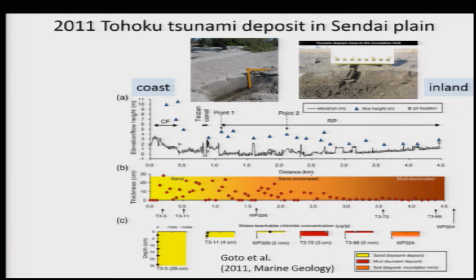This is the distance shown from the coast, 0 to 4.5 kilometers. Otherwise, usually we would take that the sand stopped here, so we would say, okay, fine, the inundation was 3 kilometers only. And this information is important when we are talking about the modeling part.